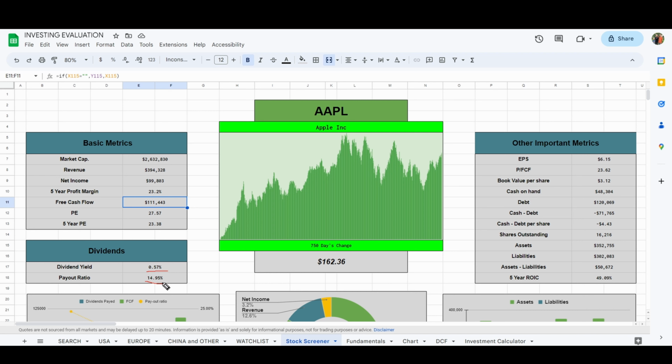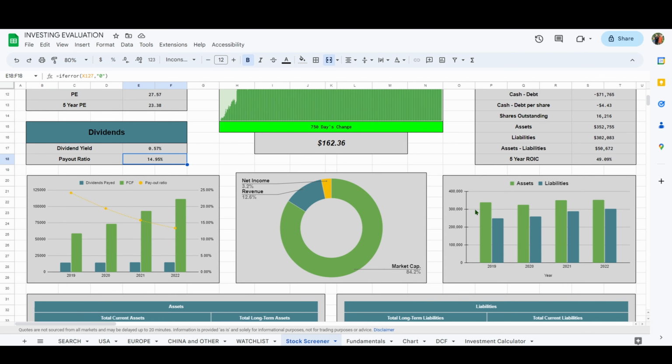The payout ratio means, if a company earns $100 million, let's just do it in millions, and pays out $10 million for the dividend, that means they have a payout ratio of 10%. So in Apple's case, they pay 14.95% of their net income towards dividends.